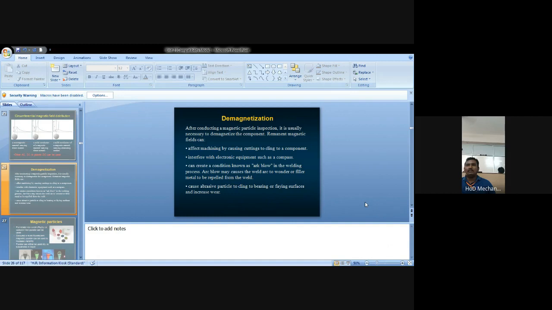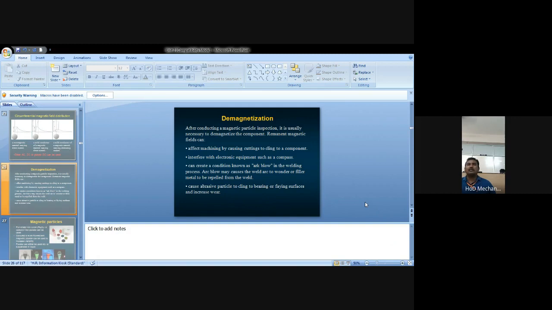It will affect machining by causing cutting to a component, because if the material has magnetization after the machining process, if it remains magnetic after testing, it will affect the machining properties because the components have contact with each other.